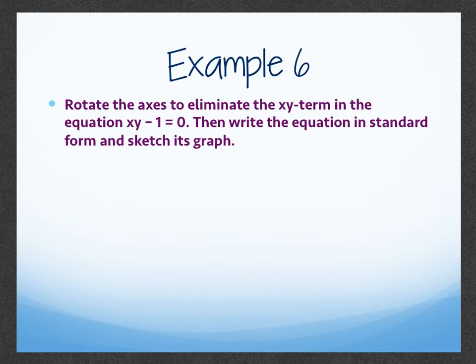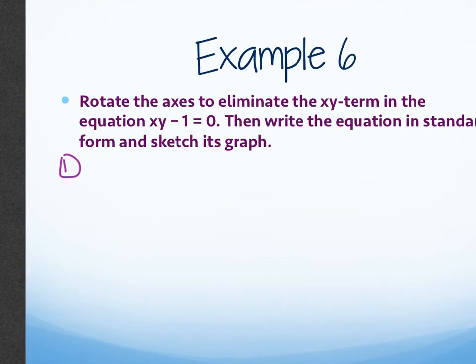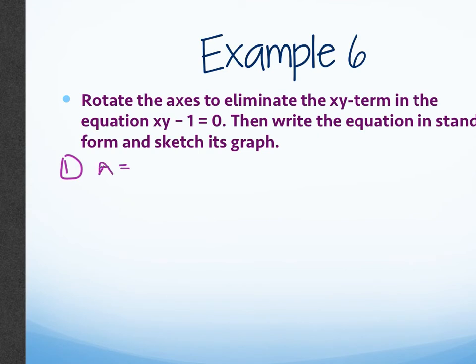We have to eliminate the xy term, and in doing so, we'll put something into standard form that has to be graphed on a rotated axis. So the first step is find A, which is in front of the x squared. What's that? 0. B, which is in front of the xy. 1. C, which is in front of the y squared. 0.